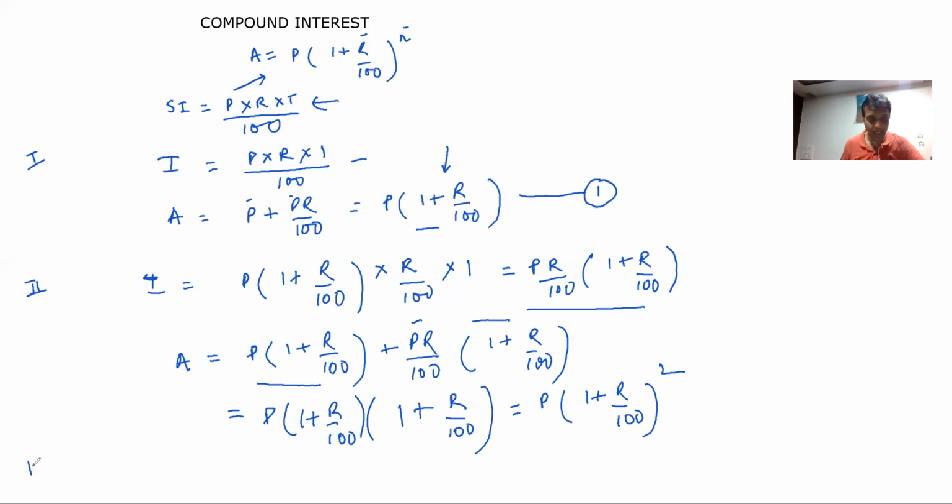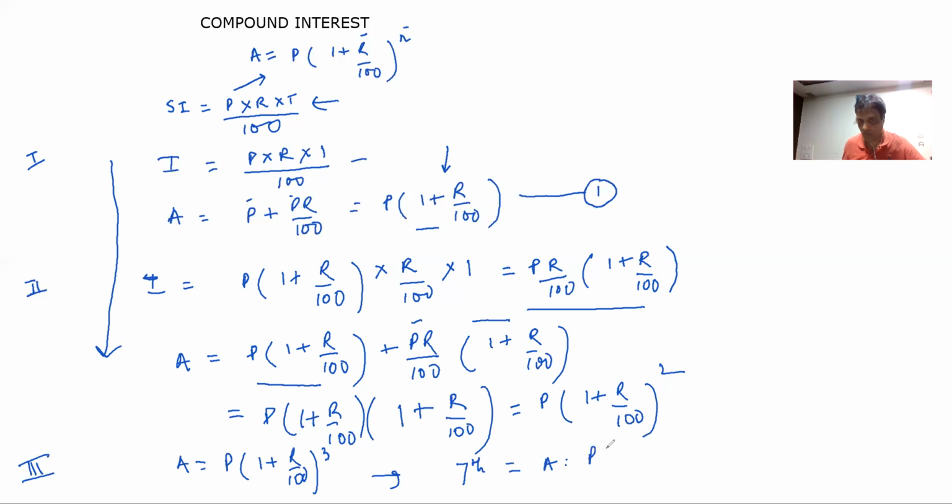Now, if I calculate the amount at the end of the third year with the same method, you will see that the amount is P (1 plus R upon 100) to the power 3. And if I calculate the amount at the end of the 7th year, I'll see that my amount is P (1 plus R upon 100) to the power 7.